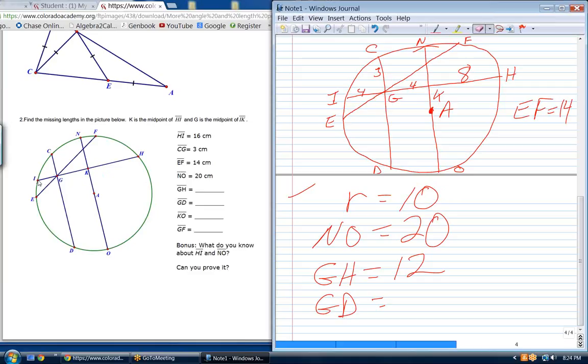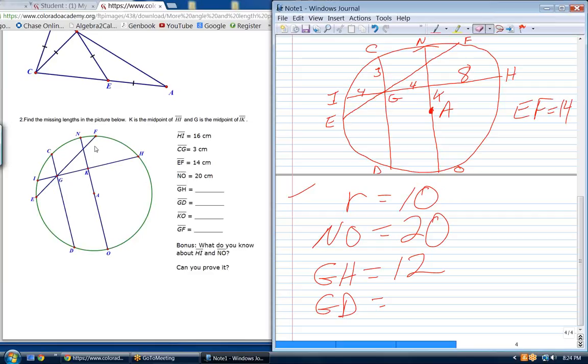Well, let's look at the chord IH that intersects with EF. We know all of the segments of IH, and we know the total length of EF. So, what can we say?